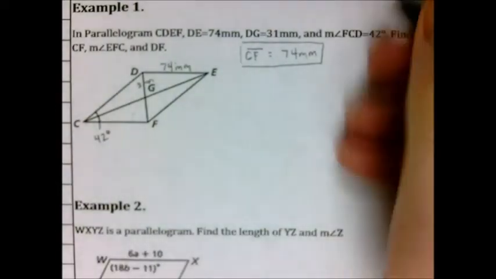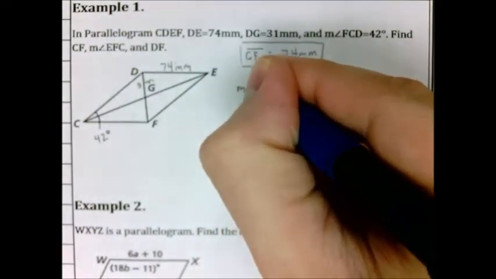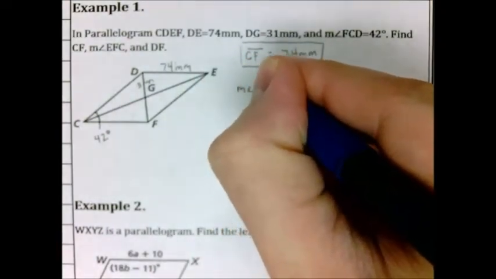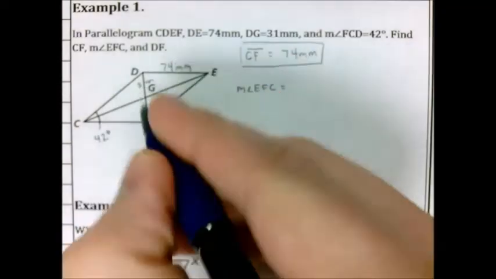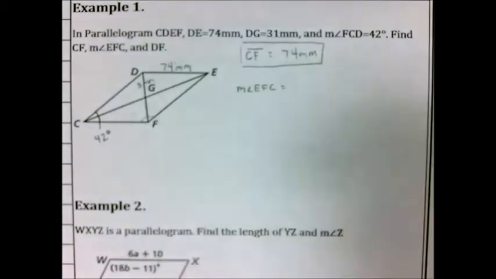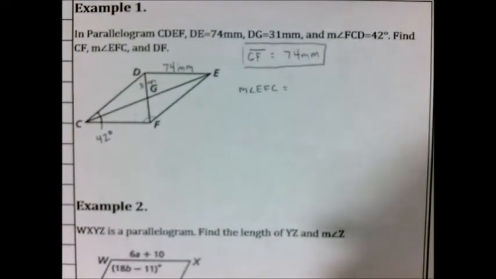Now this second one, we're trying to find the measure of angle EFC. We're trying to find this angle. And if we look back at our theorems on the other page, we saw that consecutive angles are supplementary. So these two angles are going to add up to be 180 degrees.